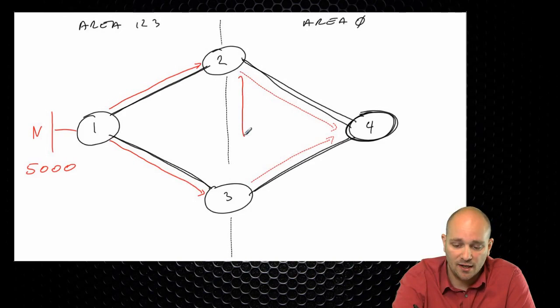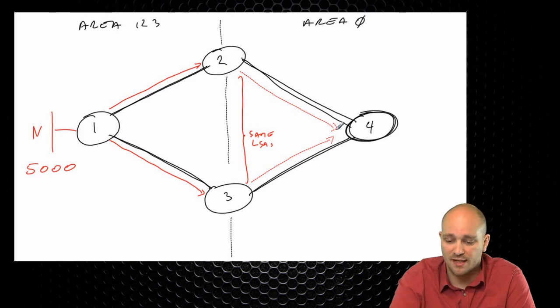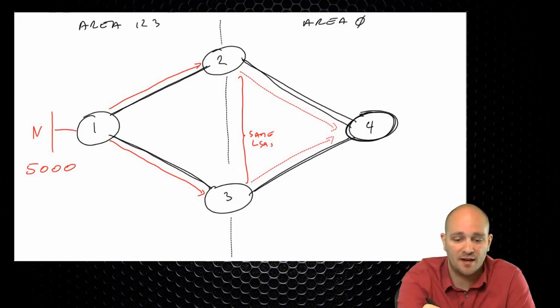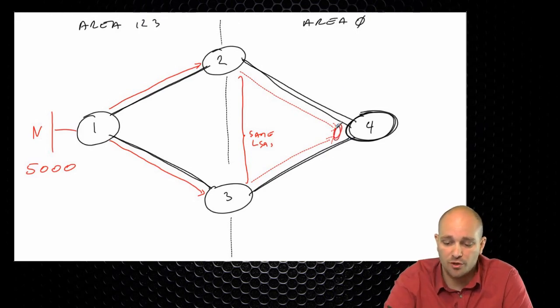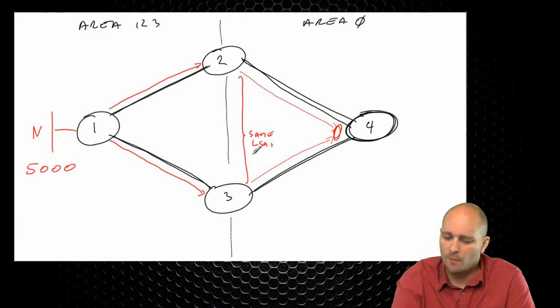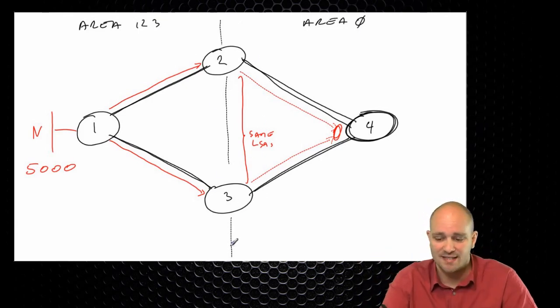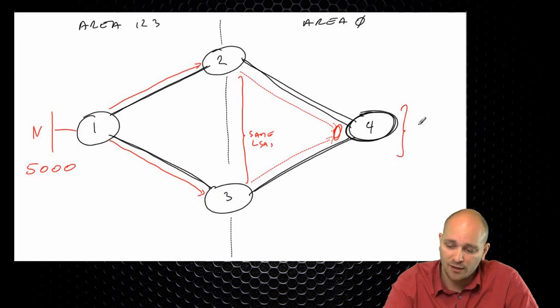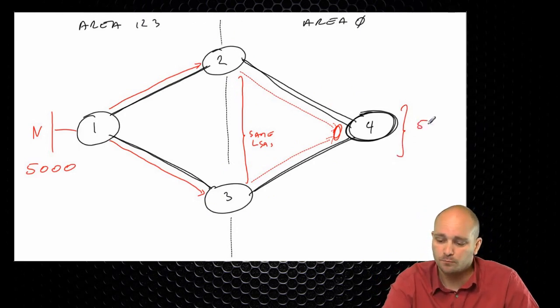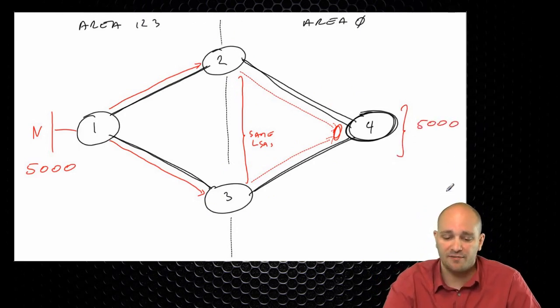And interestingly enough, these are going to be the same LSAs. So R2 is going to be saying, hey, I have these 5,000, and R3 is going to be saying, hey, I have these 5,000. So basically R4 is either going to request all 5,000 from one of them, or maybe 1,000 from this one and 4,000 from this one, or any way it goes, what's going to end up in the database are 5,000 LSAs.